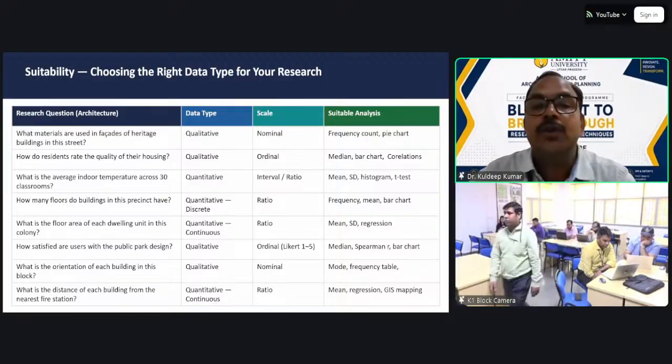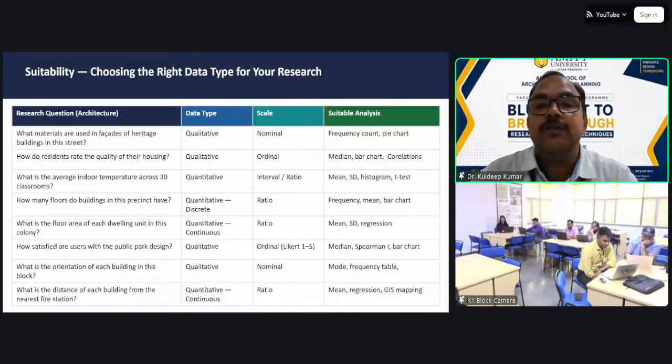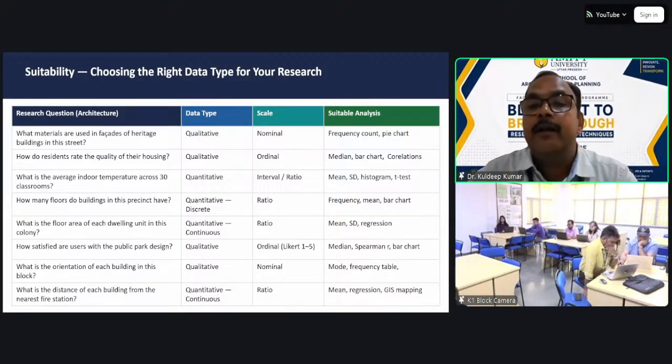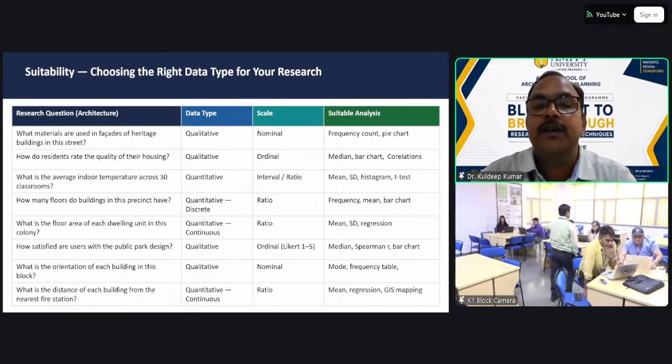Similarly, question 2: how do residents rate the quality of their housing? Definitely it's talking about quality. The data type is qualitative. It is ordinal as we are rating here. As far as suitable analysis, the satisfaction rating can be analyzed through the median or a bar chart, or correlation can be done. Now let's take another example.